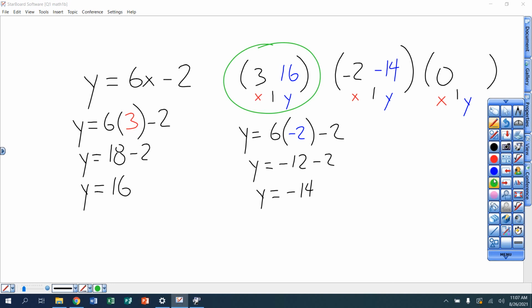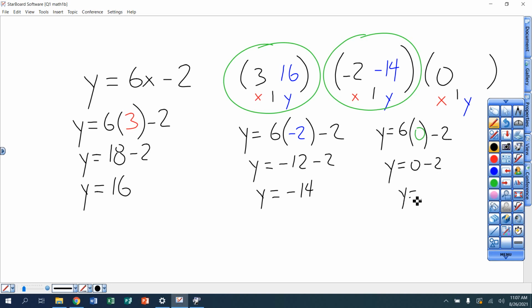And then the last point, if I want to see what y is when x is 0, I plug in x is 0. And that gives me 0 minus 2, which is just -2. So for that equation, when I plug in x is 0, y was -2.